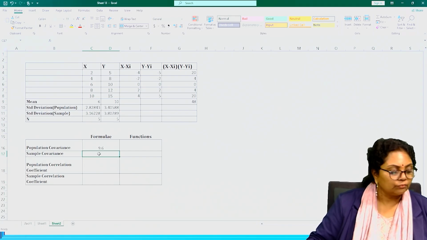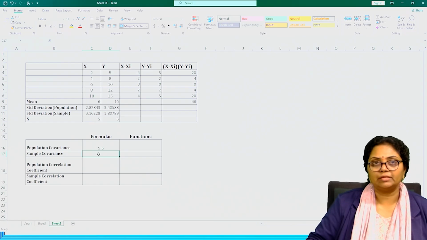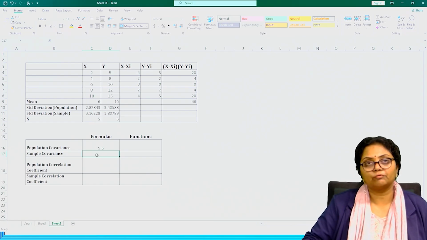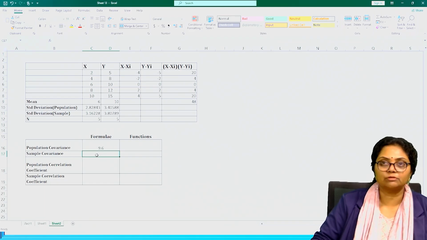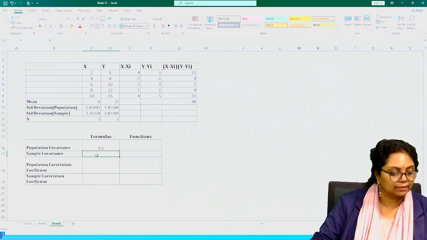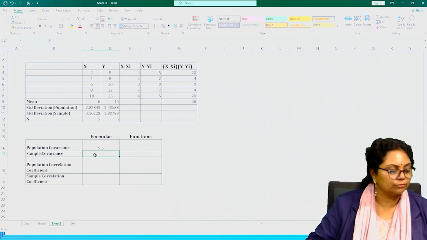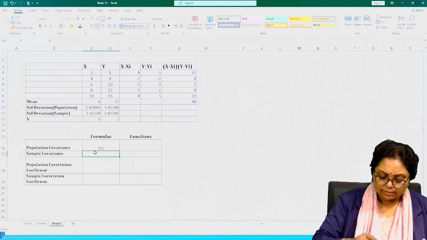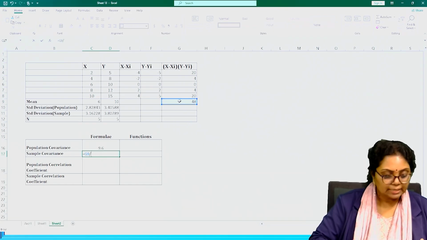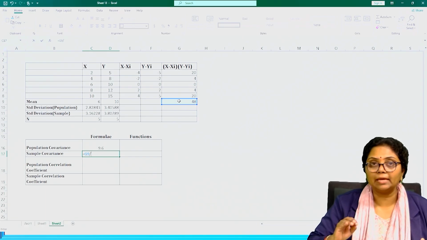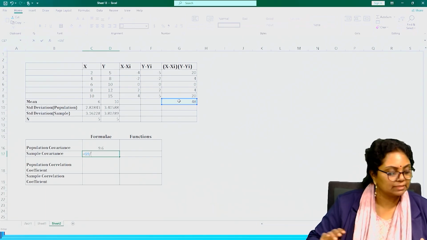Okay. Now when it comes to sample covariance, we are going to make use of n minus 1, that is the Bessel's correction. So how are we going to do that? Place the cursor here, is equal to the summation of xi minus x bar and yi minus y bar. I am making use of G9 divided by n minus 1 because it is the Bessel's correction.